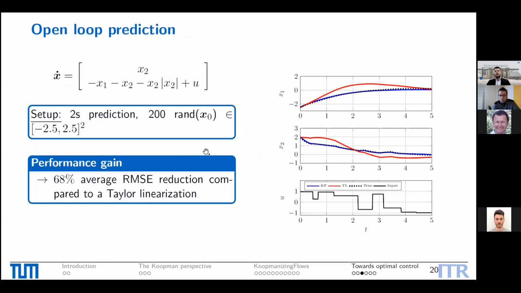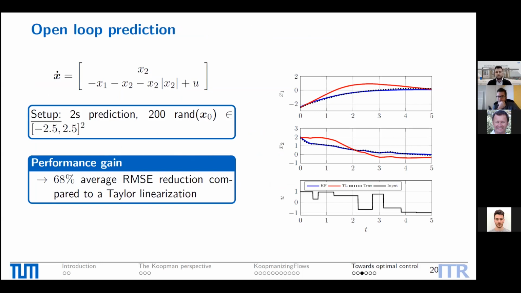What we looked at here is first the open loop prediction. We have a system that is a toy example of an underwater vehicle due to this nonlinearity with the signed squared velocity. And what we look at is a 2-second prediction of 200 random initial conditions from the state space defined as in the slides.